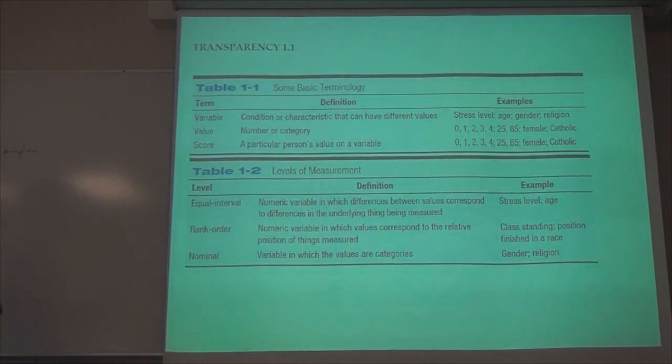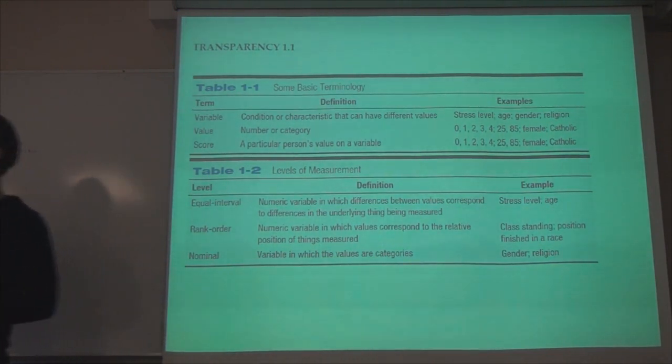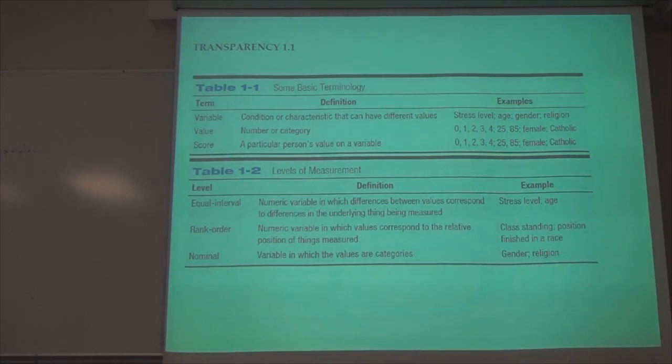Values then are all the possibilities for that variable. If I'm looking at age, the values are a set of possible numbers. When I survey a person, what could I possibly get?